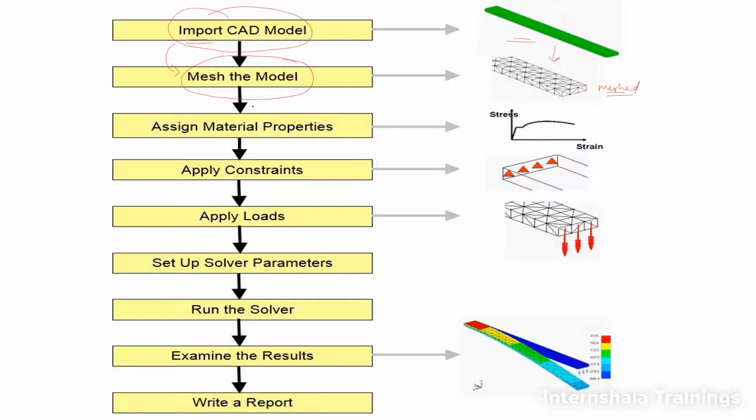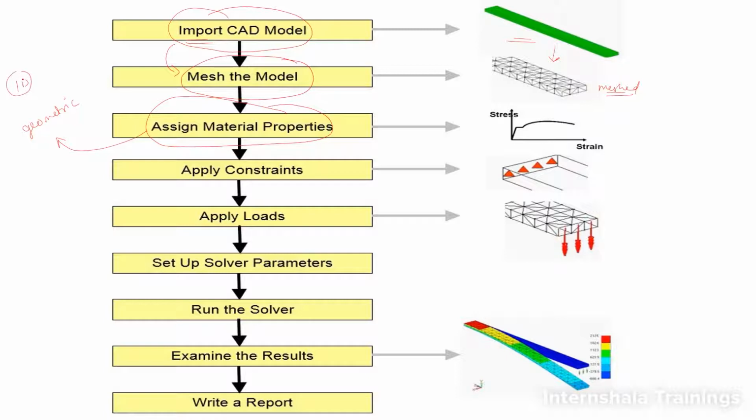Once the model has been meshed, the next step is to assign material properties, and along with material properties we also need to give the geometric constraints that are required. So what are geometric constraints? Suppose, for example, you are using 1D elements.